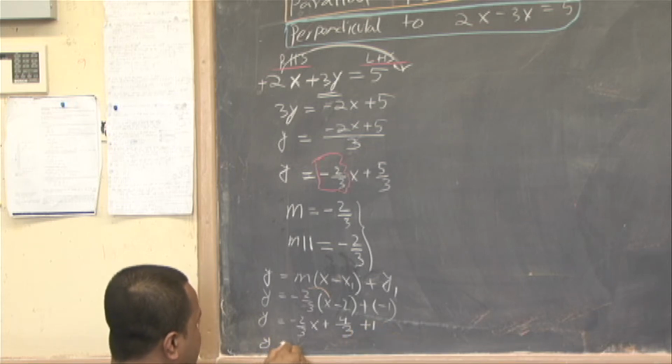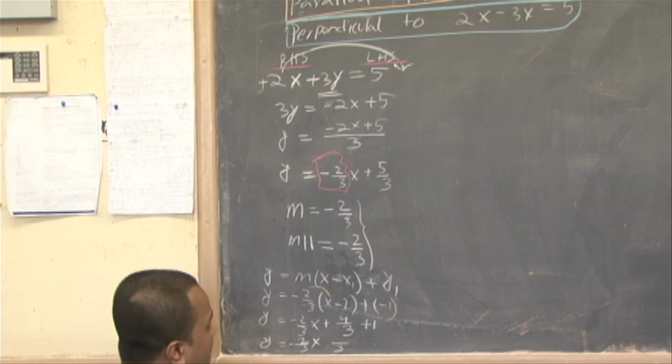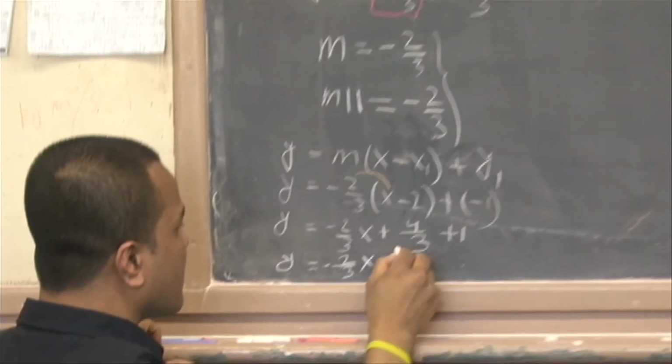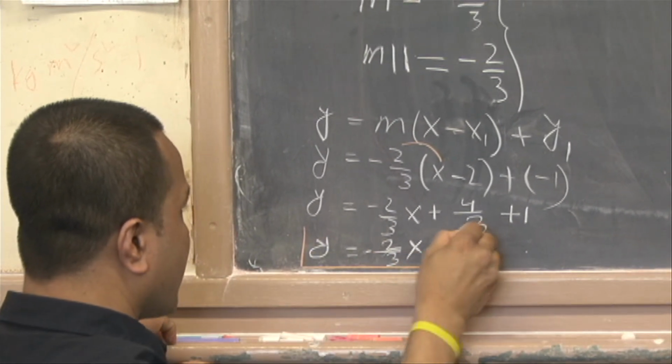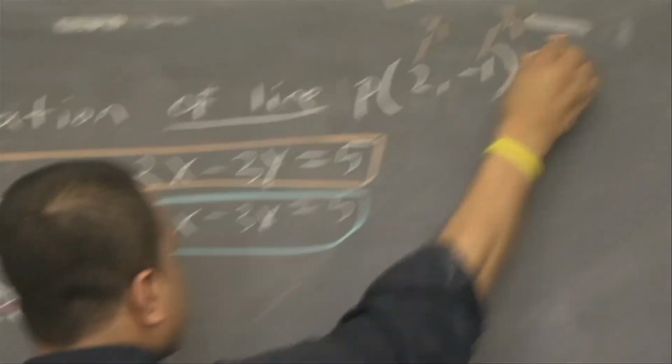So y is negative 2 over 3 x, and then here you have an LCD, 4 plus 3, 7. So this is your line parallel to this, through the point.